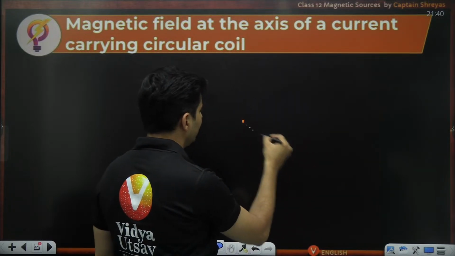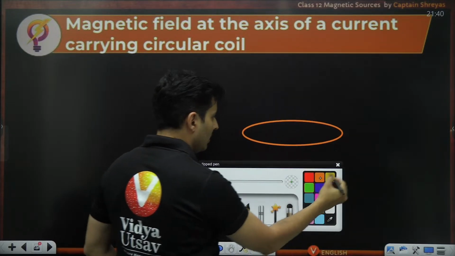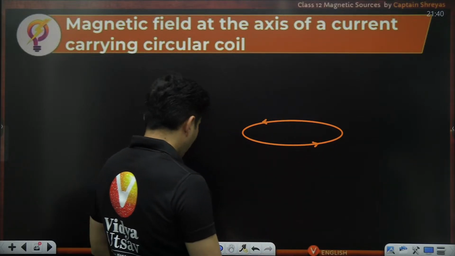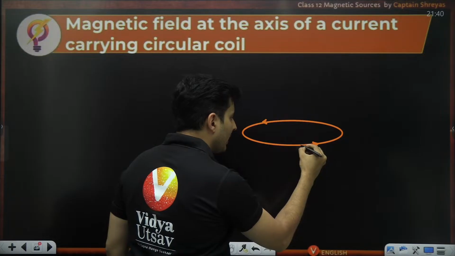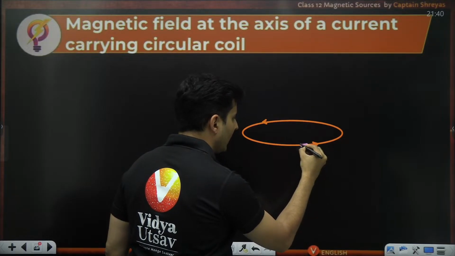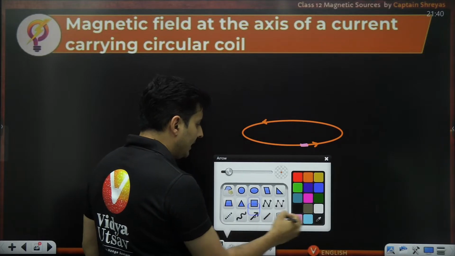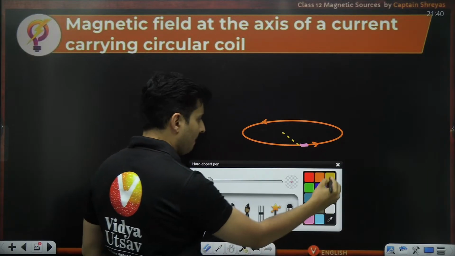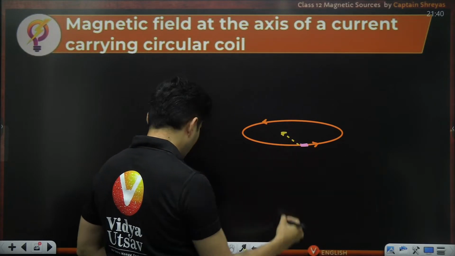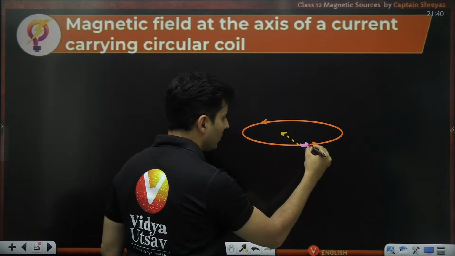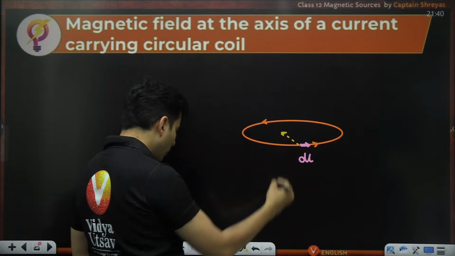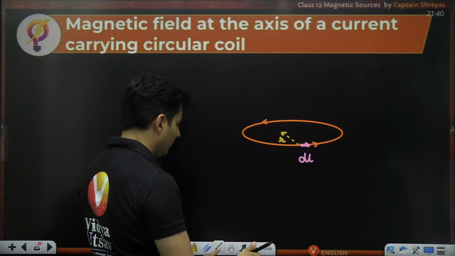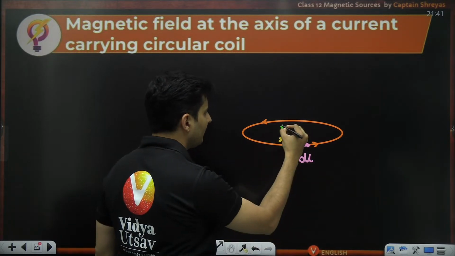See, if this is a coil carrying current, if this is the current over here, then if you take any element at the center, this particular small element, let's say I call it dl, will give me a small magnetic field. dl cross r will go upwards, so it will give me a magnetic field like this.